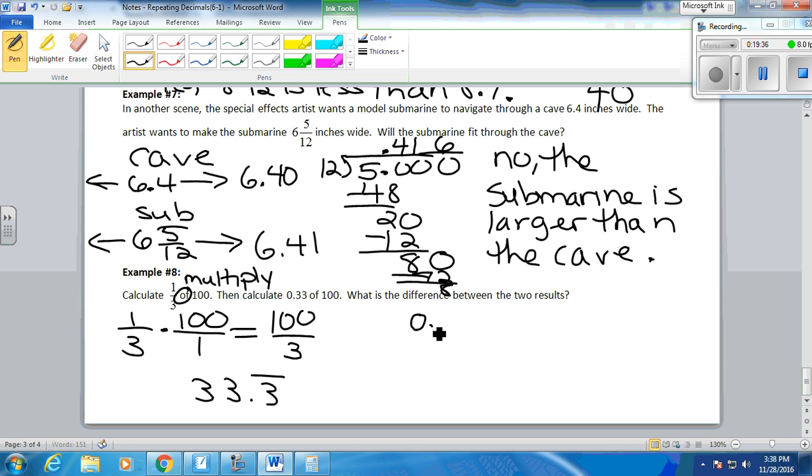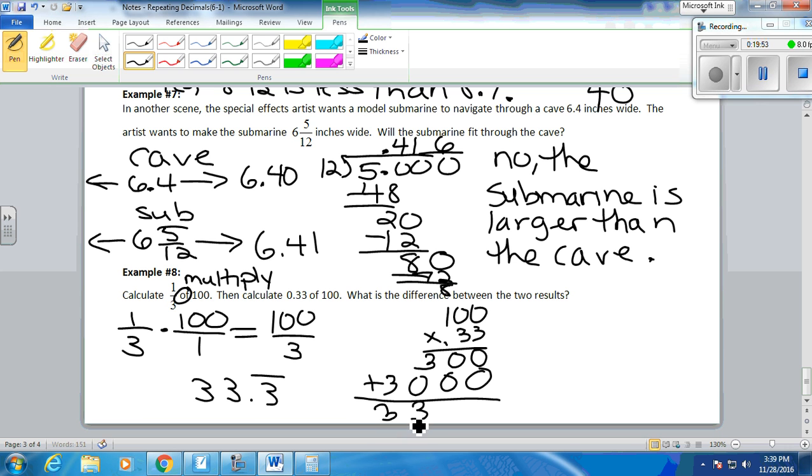33 hundredths of 100 is asking you to multiply those two numbers. So 100 times 0.33 is going to give me 0, 0, 3, 0 to hold the place value, 0, 0, 3. And notice you get 33.